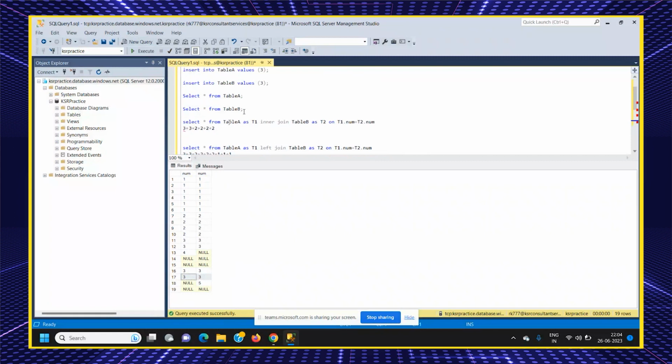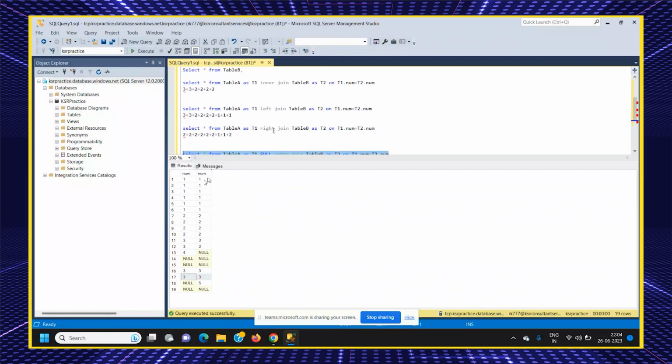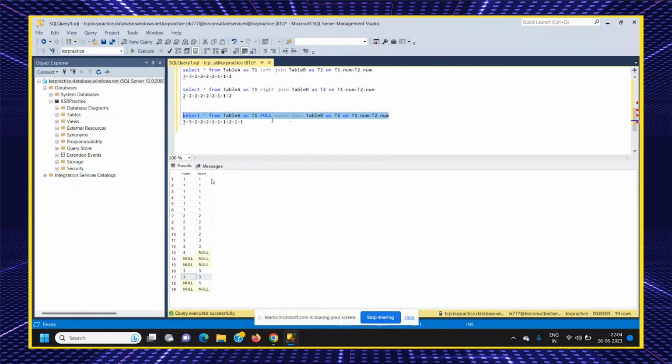So to simplify, for every matching record we first match that record in case of inner join, and then present the result. In case of left join, all the matching records and then all the records present in the left table. In case of right join, all the matching records between the two tables and all the non-matching records in the right table. And in case of outer join, matching as well as non-matching records all together. So this is how the join concepts work in SQL. Yeah, thank you.